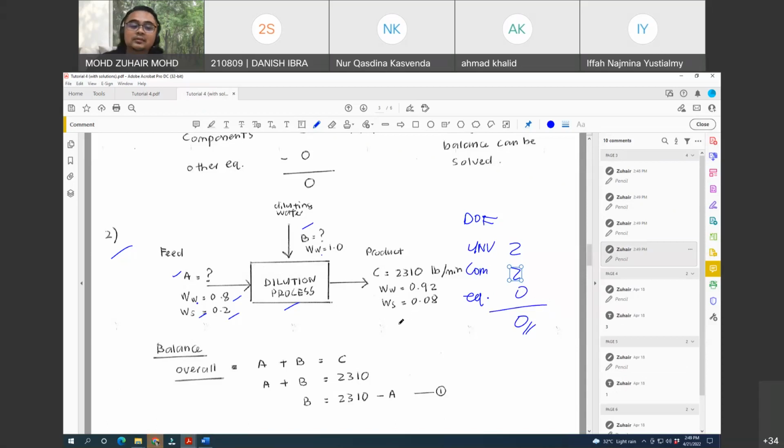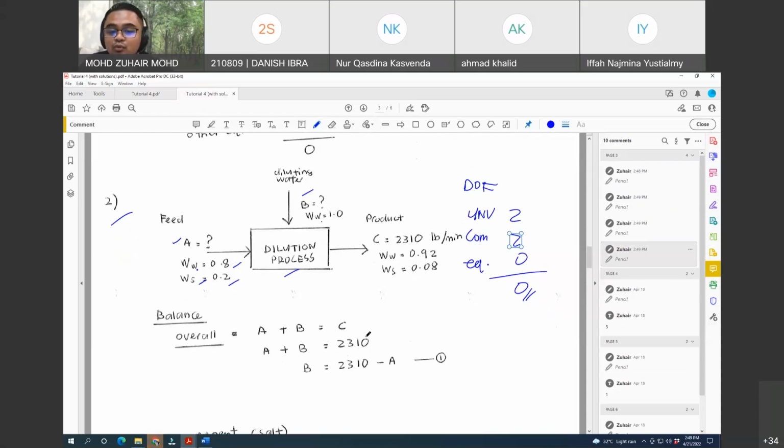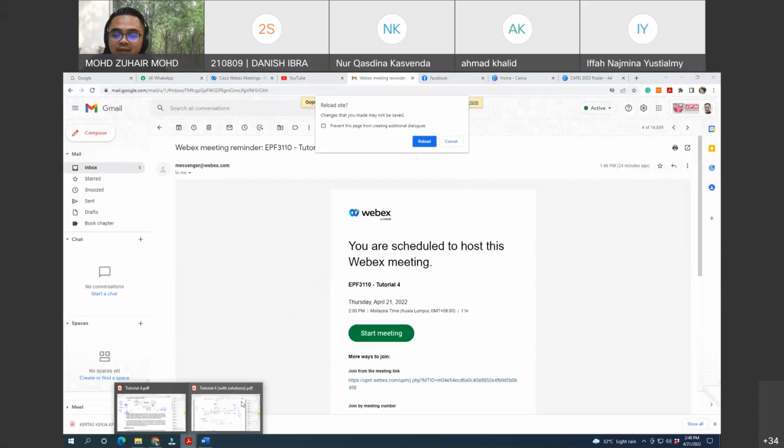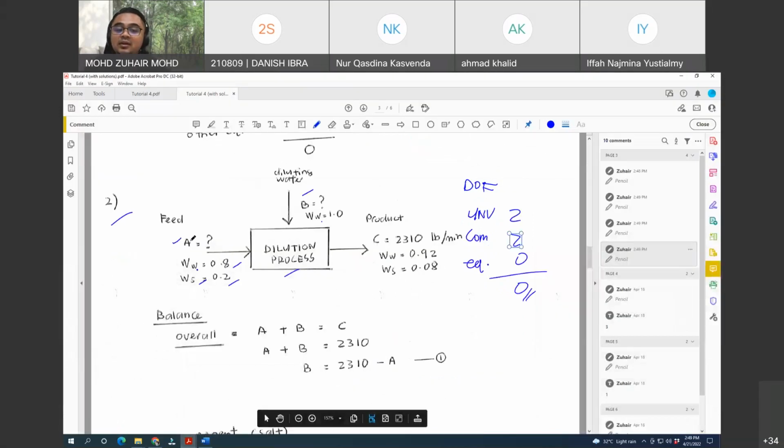So we are going to start with the first balance, which is the overall balance. The overall balance consists of the flow rate of A plus B equals C. We did not consider the components yet, just the overall balance.